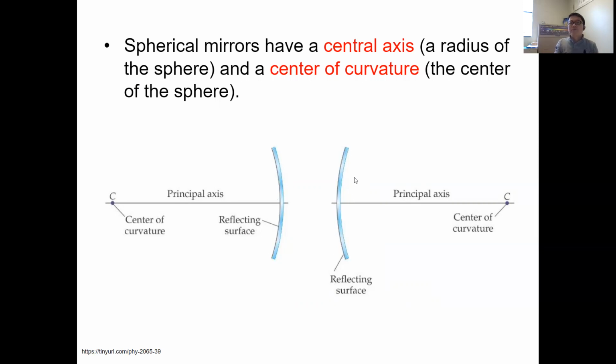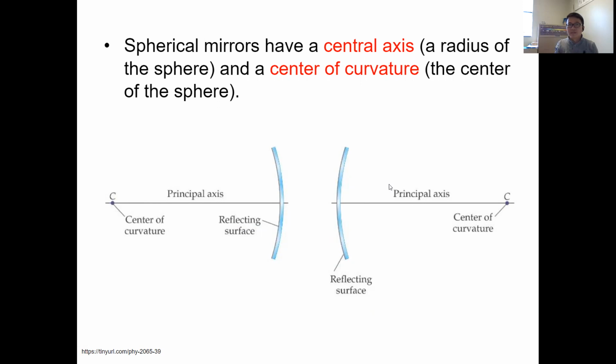There are a few key terms here. From the center of the curvature to the middle of the mirror, this line is called the principal axis. This is the center of curvature. This is the principal axis, also called the central axis.